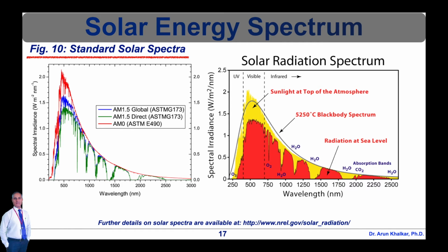The SMARTS, that is the Simple Model of the Atmospheric Radiative Transfer of Sunshine program, is used to generate the standard spectra and can also be used to generate other spectra as required. So these are the standard solar spectra which are used to compare the performance of different solar cell devices.